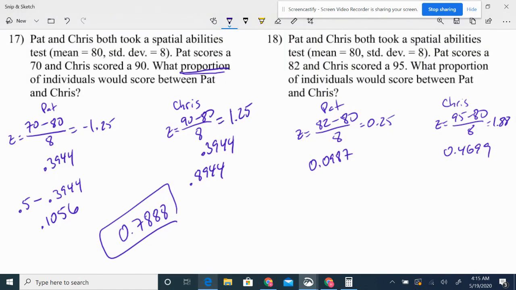Okay, so I found the percentiles of each. Now the question is, what proportion of individuals, well, actually, I found the proportion of each because I left it as a decimal. What proportion of individuals will score between Pat and Chris?